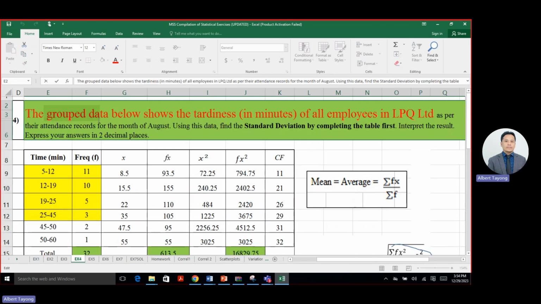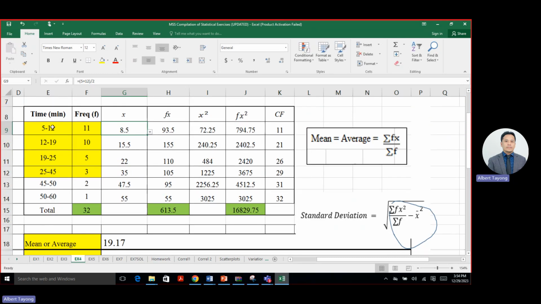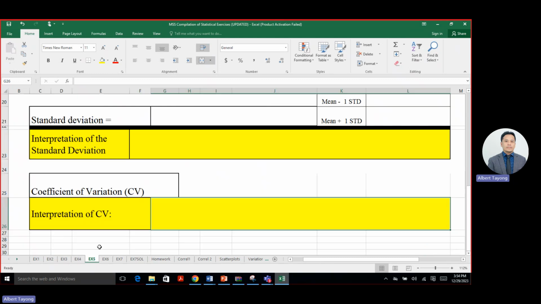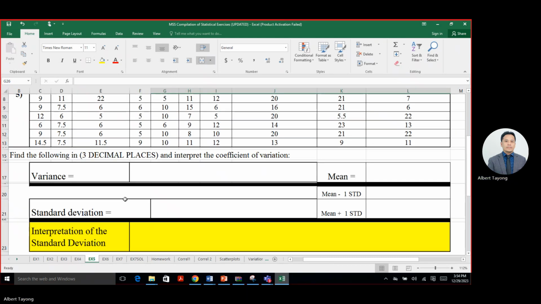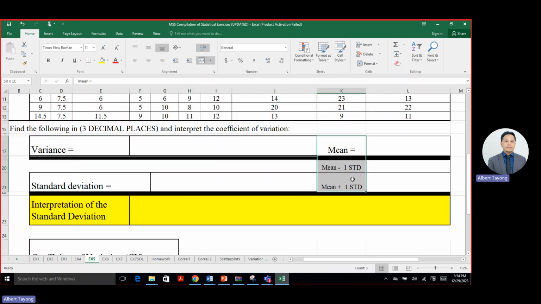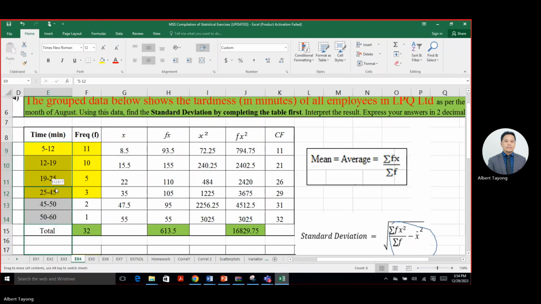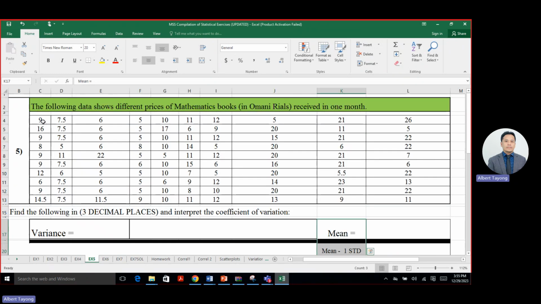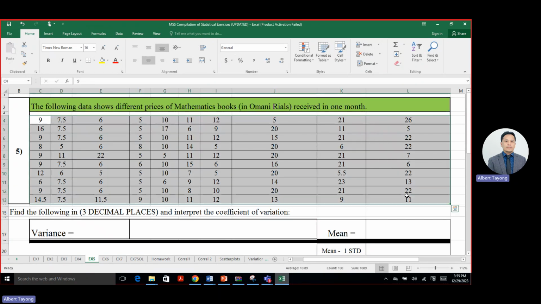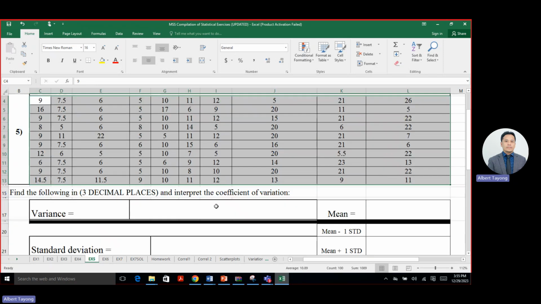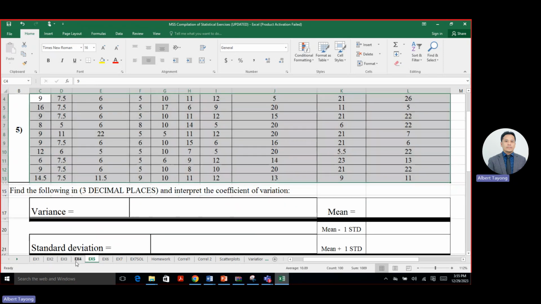This is a group data because we have intervals from 5 to 12 until 50 to 60. Here, we are still calculating the variance and everything, but we don't have group data like here. What we have is raw data, a list of scores. So we cannot use the formulas here.